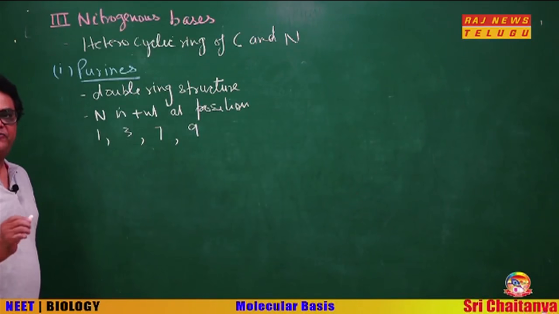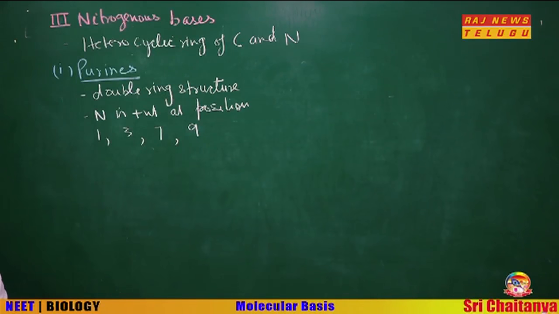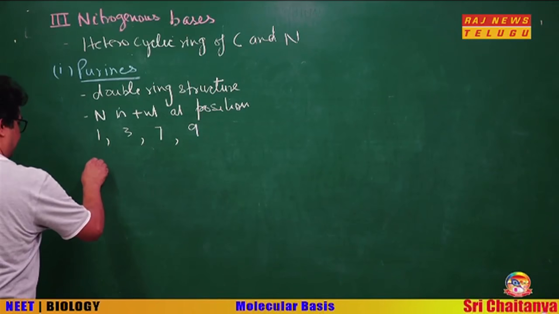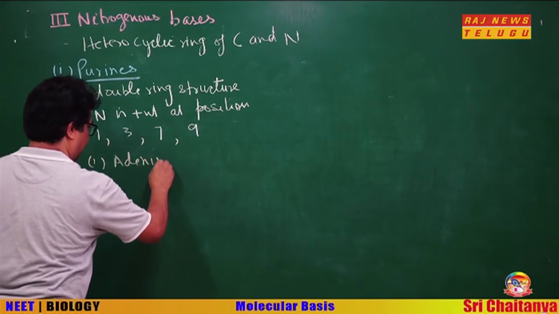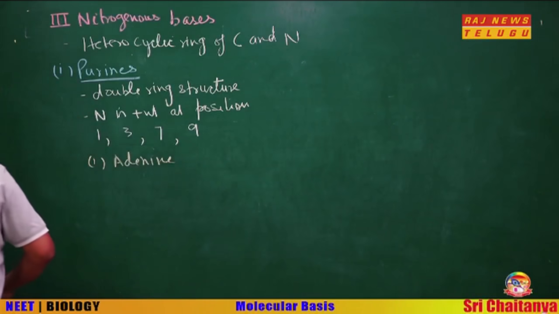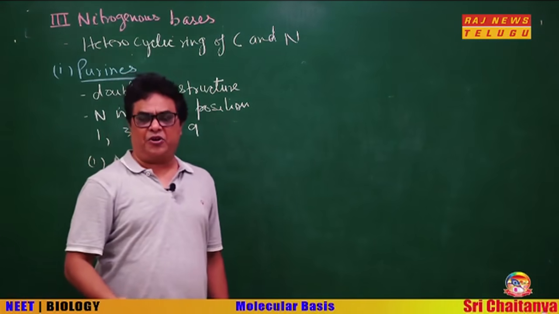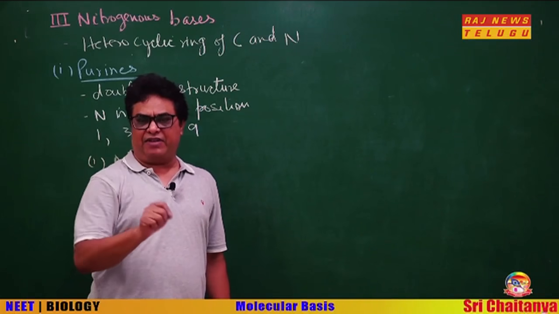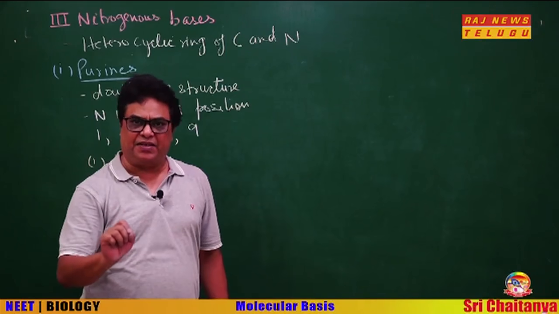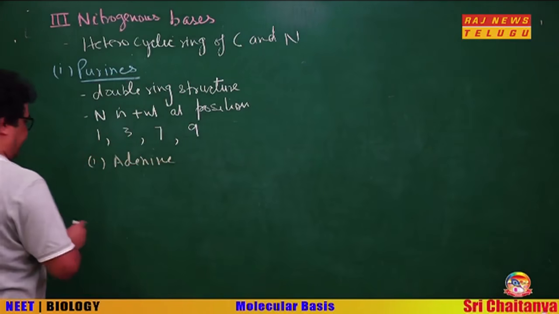And you know these are of two types. First is adenine. It has amino group at 6 position, so it is also called 6-amino purine. I will make the structure, but I am not going to balance the bonds, just to see the position of nitrogen.